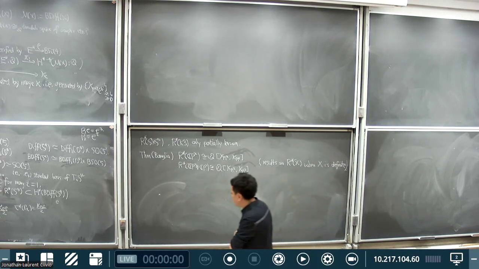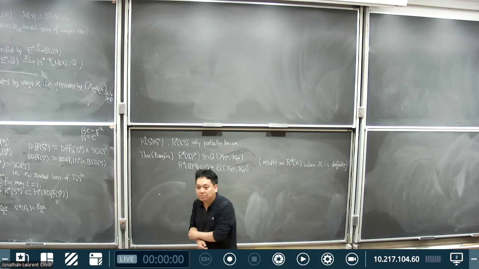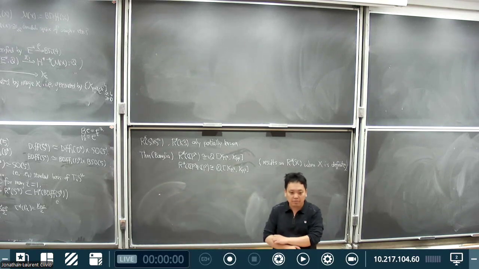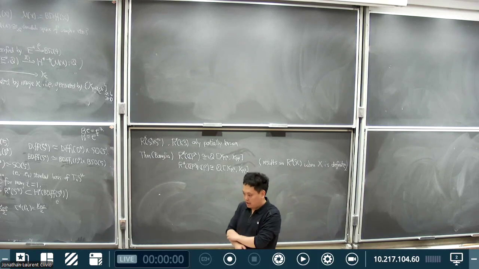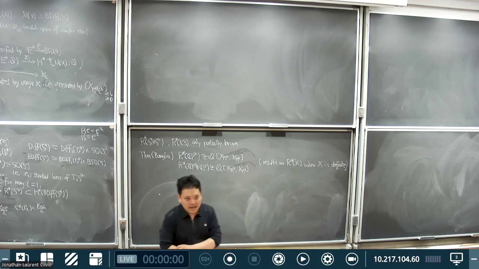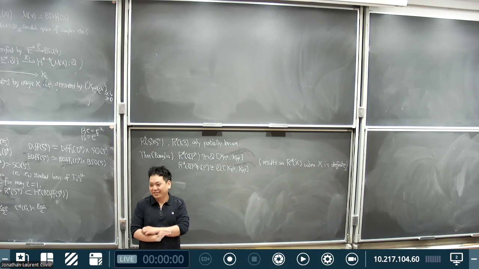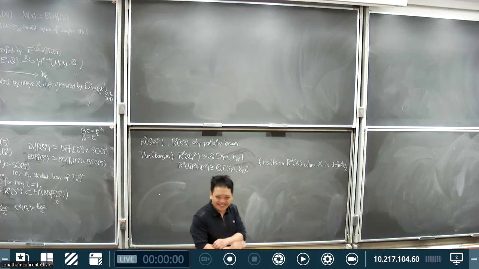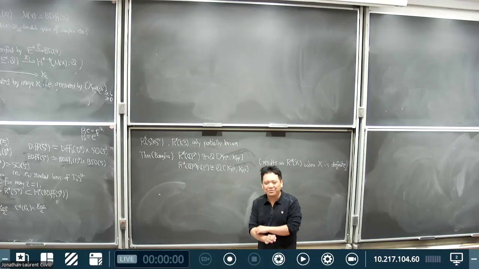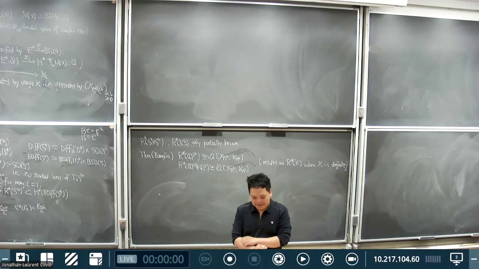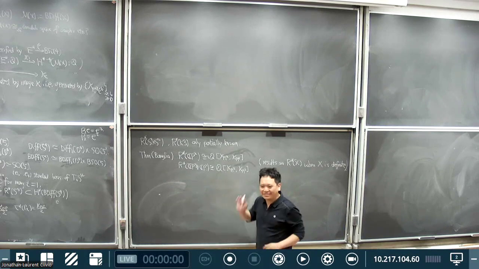Now, I want to expand a little bit on this result. Before I do this, I want to make a digression into Donaldson theory, which is not Seiberg-Witten theory, because it's very relevant to the problems.